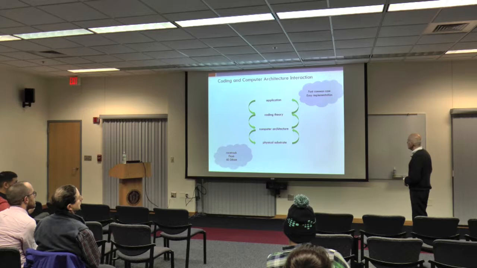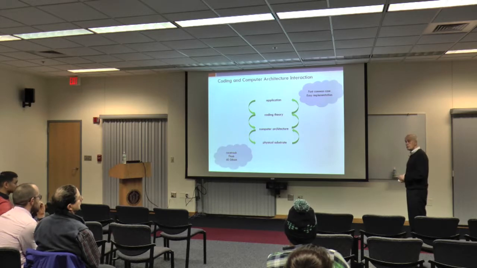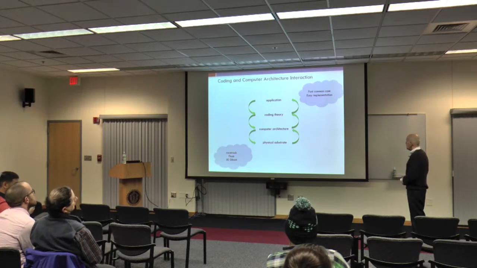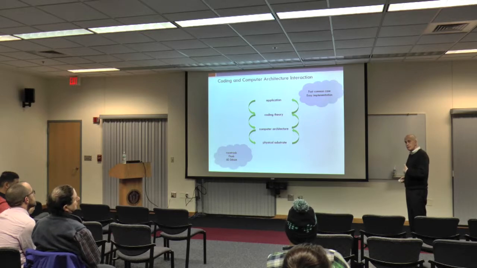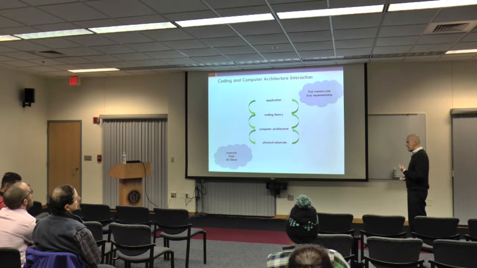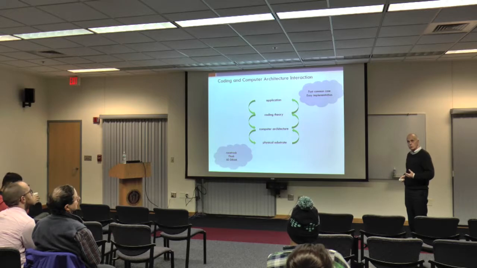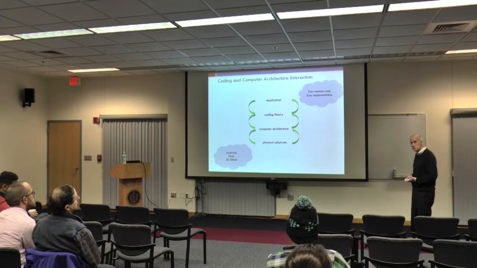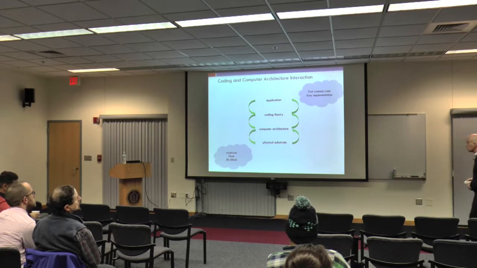First of all, it's a source of new problems. Second of all, it provides a framework in which coding theorists can innovate. And third of all, it has these ways of measuring performance, which in the coding theory world we're not used to, like how fast the common case runs, which is hugely important.